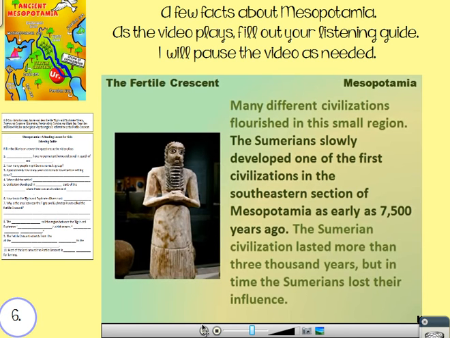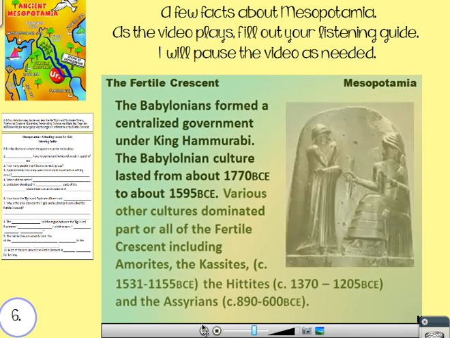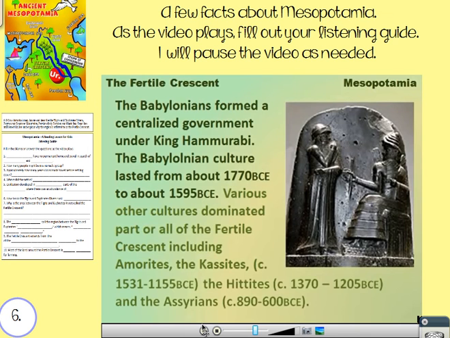As early as 7,500 years ago, the Sumerian civilization lasted more than 3,000 years, but in time the Sumerians lost their influence. The Babylonians formed a centralized government under King Hammurabi. The Babylonian culture lasted from about 1770 BCE to about 1595 BCE.